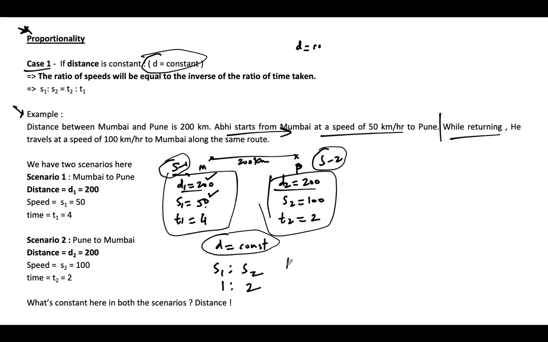What is the ratio of time taken, T1 is to T2? 2 is to 1. So if distance is constant, speed and time are inversely related. Their ratio flips, in easier terms. Okay. Very important.